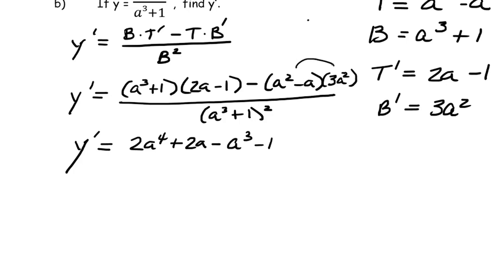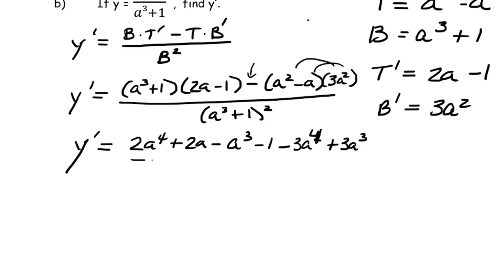And then I'm also going to distribute here. When this negative gets distributed to each term, be careful with the signs. It's going to be, I'm sorry, not minus 3a squared, minus 3a to the 4th, and a plus 3a cubed.